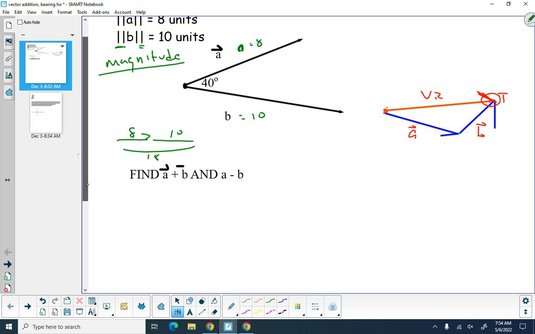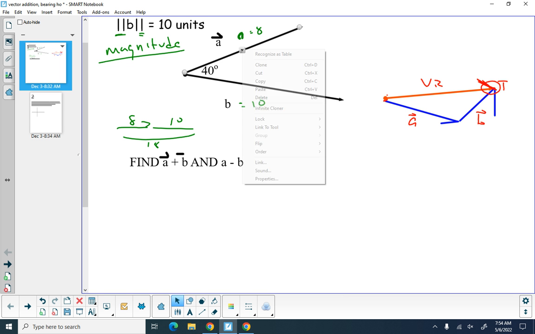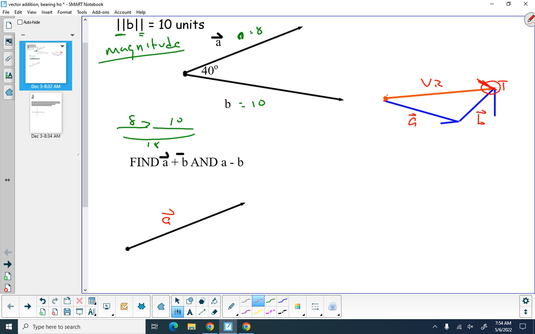The first thing we want to do is draw A plus B. Here's my length A and my direction A. This is my A. To add B to that, this is my initial position here. I'm going to travel length A, which is a total of 8 units.